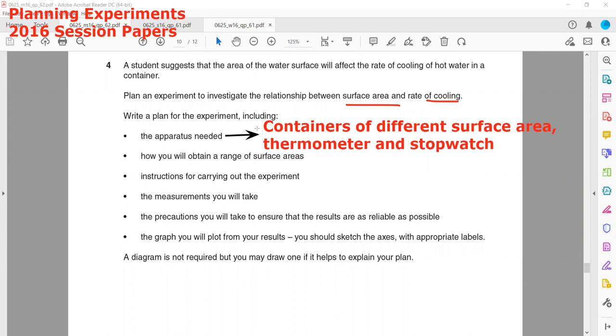How will you obtain a range of surface areas? Basically we'll change the container, we will change the size, we'll take different types of containers. By changing the container, the surface area will change. So how will you obtain a range of surface areas?